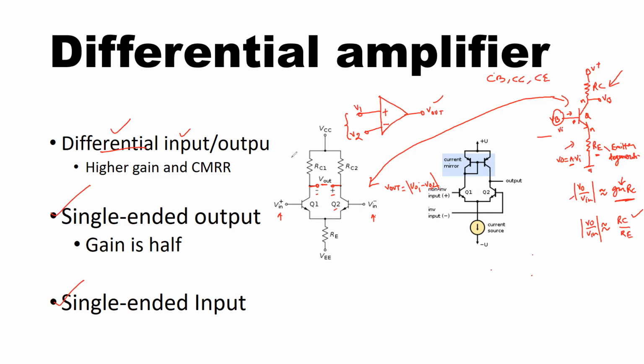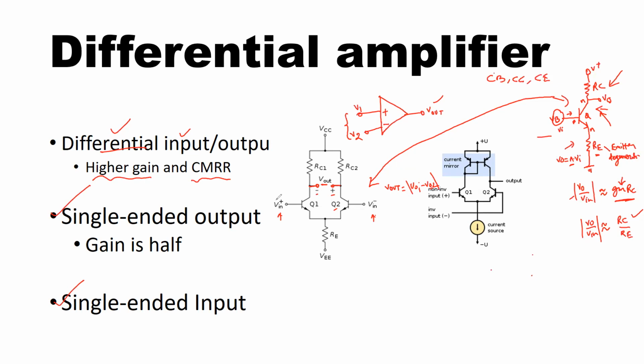Because of the differential input and differential output arrangement, you are expecting a higher gain than the single-ended version of the transistor amplifier. And also CMRR is very high in a differential amplifier as compared to single-ended amplifiers.